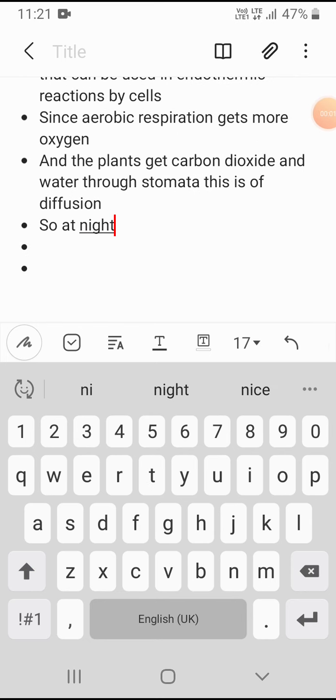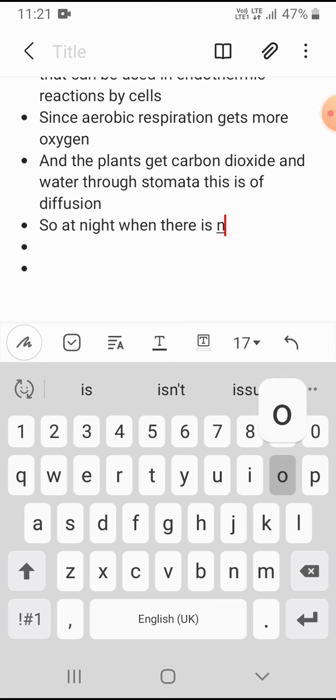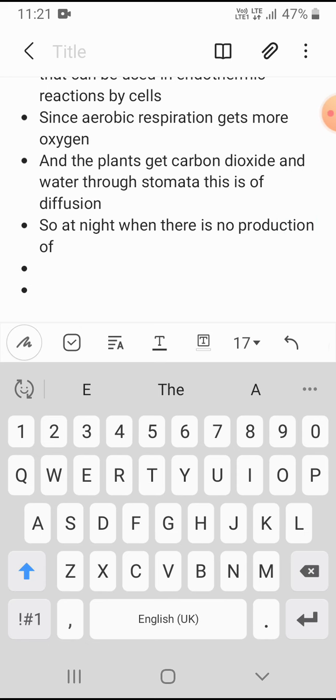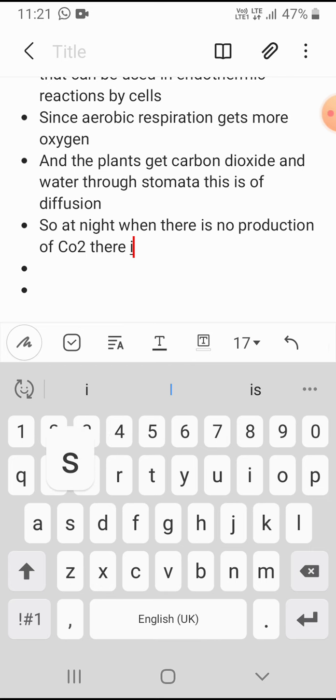So at night, when there is no production of CO2, there is no photosynthesis.